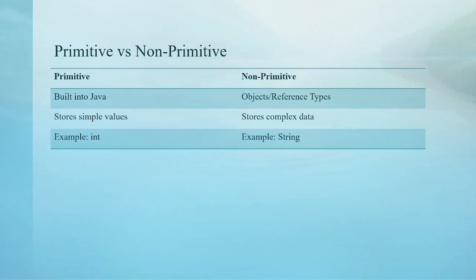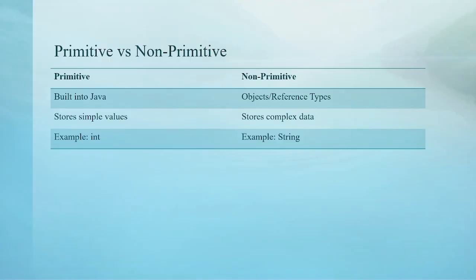The primitive data types store simple values like numbers, characters, true or false. Non-primitive data types are used to store more complex data like strings, arrays, and objects. We will learn these concepts in more detail as we progress through the Java series.